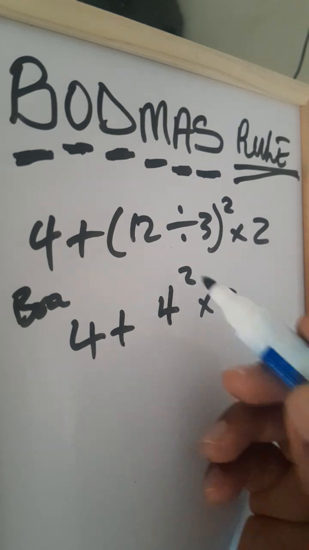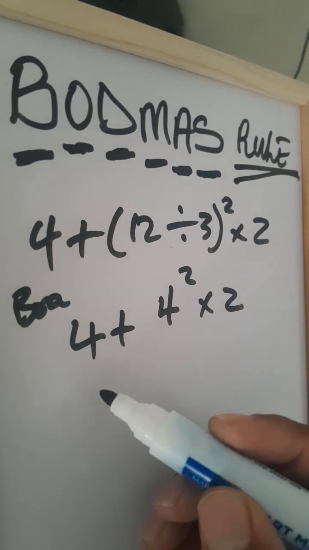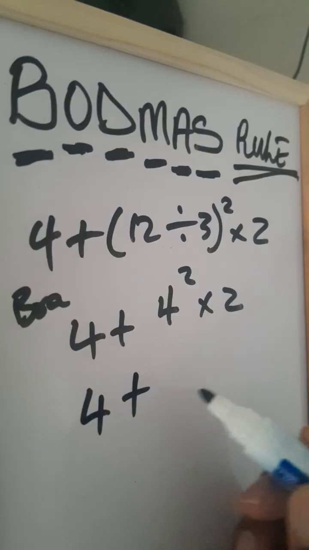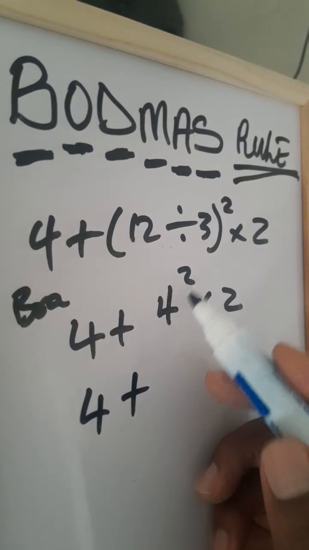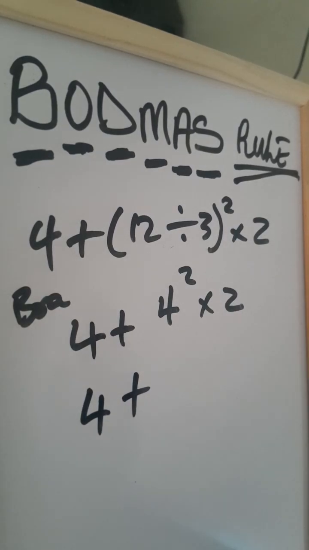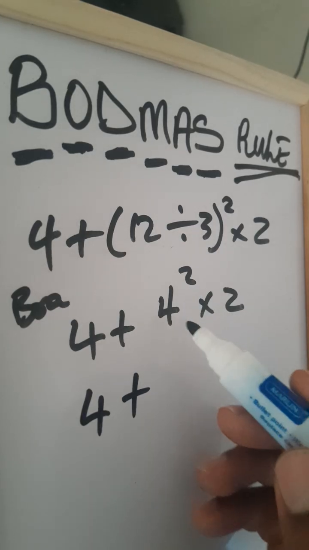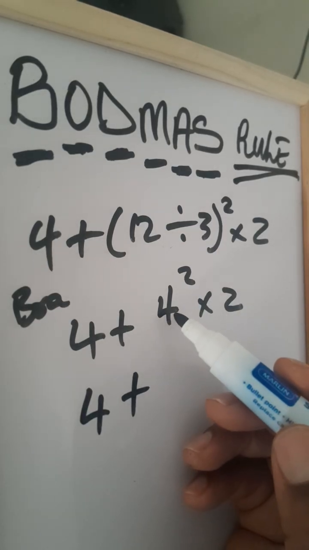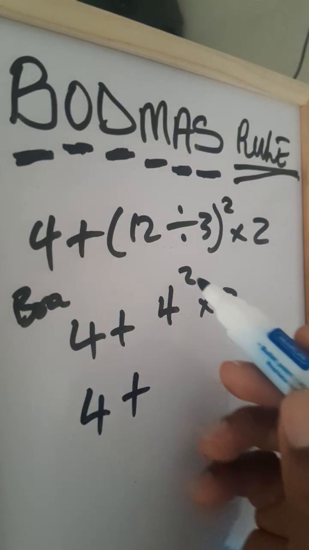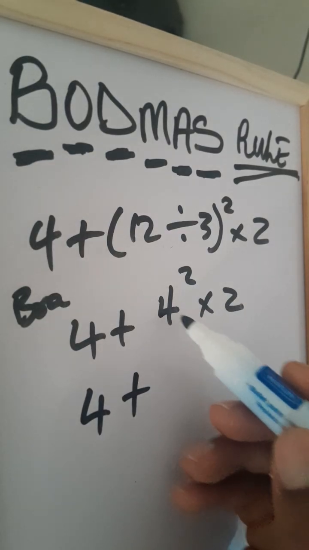So we get rid of the power. This means we go down with 4 plus, then 4 to the power 2. You remember I said exponents are very important. If you didn't learn about exponents, go to my other video where I was explaining about exponents. What are exponents? Basically it means 4 multiplied by 4.